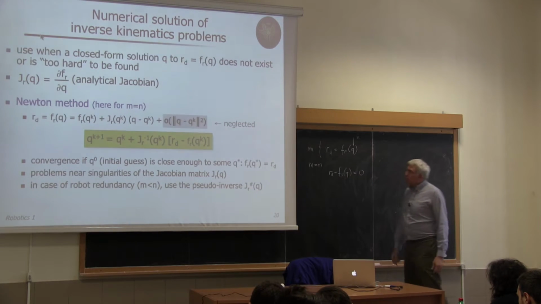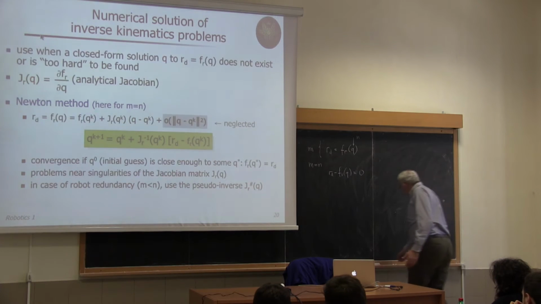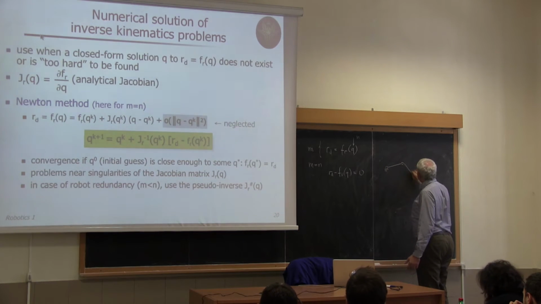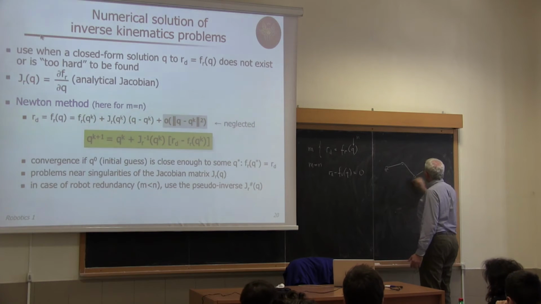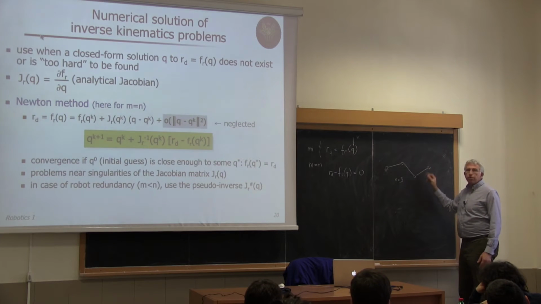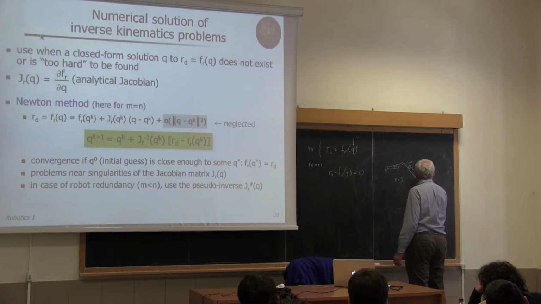Another problem: here we have written the Newton method for the square case, so when m is equal to n. What if we have a problem where we want to find, for instance, with a planar robot with n equal 3, some configuration, some value of Q1, Q2, and Q3.